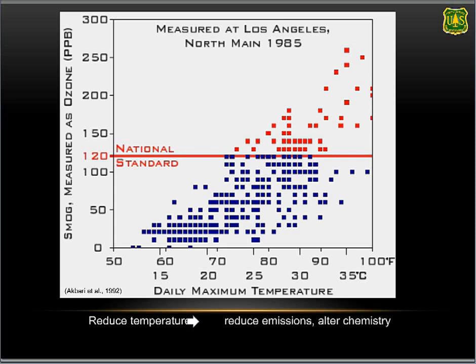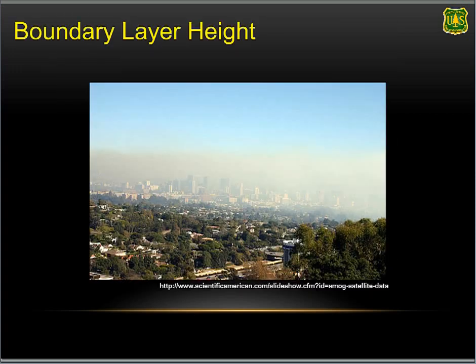Also, when you get very warm days, you tend to get very stagnant days. So if you don't have any wind moving, the pollutants tend to build up because you don't have dispersion from the wind, which is also tied to very warm temperatures. Tied to temperatures and meteorology is also a thing called boundary layer height, which is the top of the atmosphere in which mixing occurs.